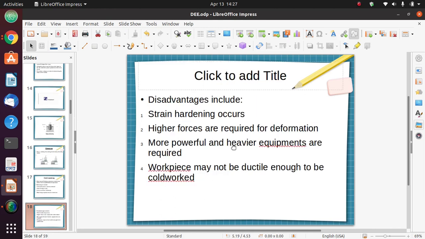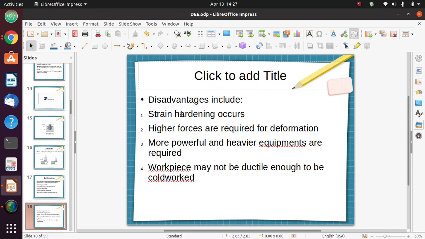But there are disadvantages, such as strain hardening. If I'm working on a metal at room temperature, for example forging, the workpiece might become hard from that action. So it becomes hard. We will require higher forces because the metal is in its natural state.